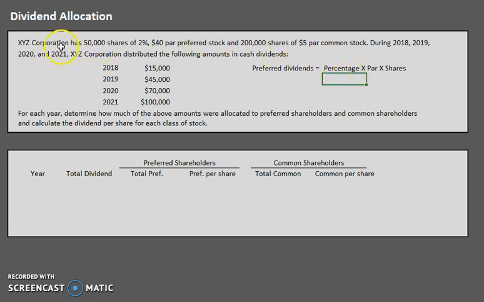In this case, for preferred shareholders, they have 2% times a $40 par, and they have 50,000 preferred shares. So when we plug that in, we have 2% times 40 times 50,000 shares. Preferred shareholders are entitled to $40,000 every year.